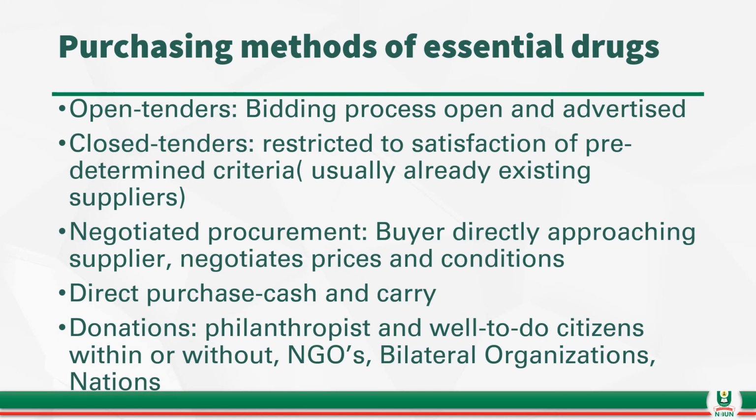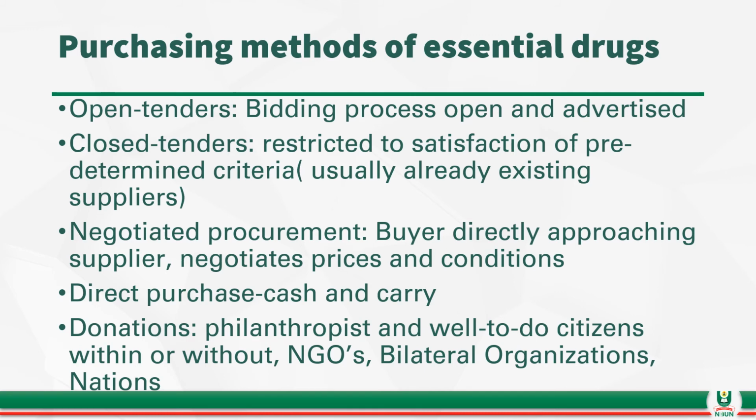Then there's negotiated procurement. Here, the buyer buys directly by approaching the supplier and negotiates prices and conditions before such drugs are supplied. You could meet the pharmaceutical company or a wholesaler of such medications and negotiate directly. Then there is also the direct purchase method, which is cash and carry. You pay and then you get your medications.